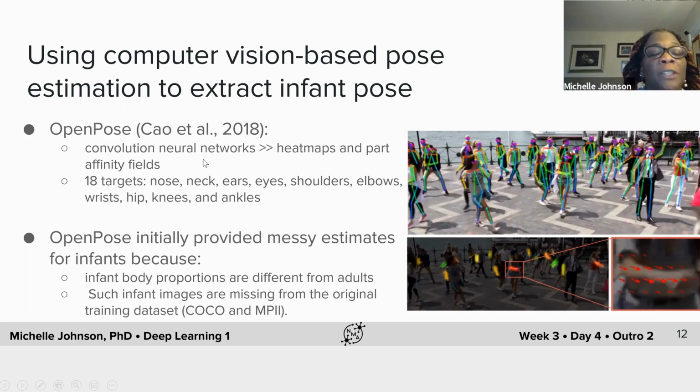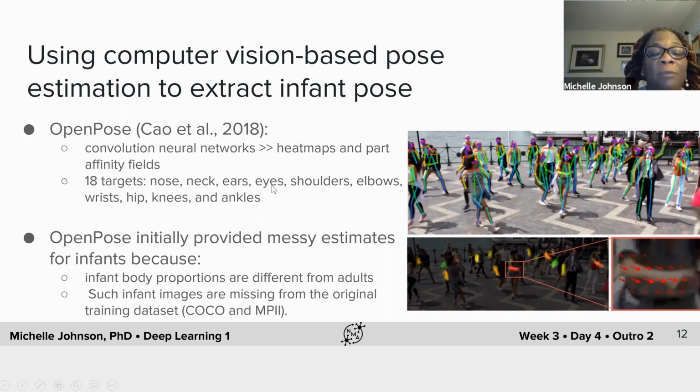This algorithm uses convolutional neural networks, and the idea is that it would use heat maps to identify 18 targets, to find the nose, the neck, the ears, the eyes, the shoulders, etc. And then it used part affinity fields to determine whether these were connected or not, whether it was a part of the same person's body, and then it would result in these 18 targets with appropriate connections as it determined.